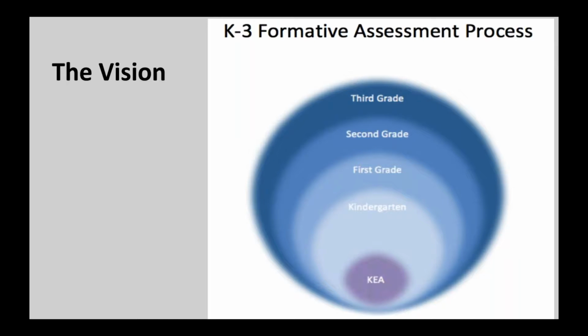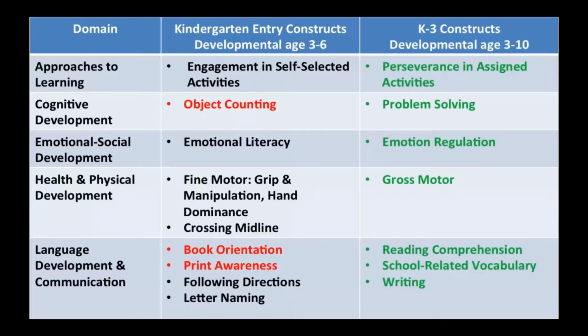The process is intended to help us support our students throughout kindergarten and then through 1st, 2nd, and 3rd grade. So we have progressions that are specific to kindergarten entry, but we also have progressions that span that K-3 time for our students. On this slide, you can see what those progressions are and how they align in each of the 5 domains of learning.